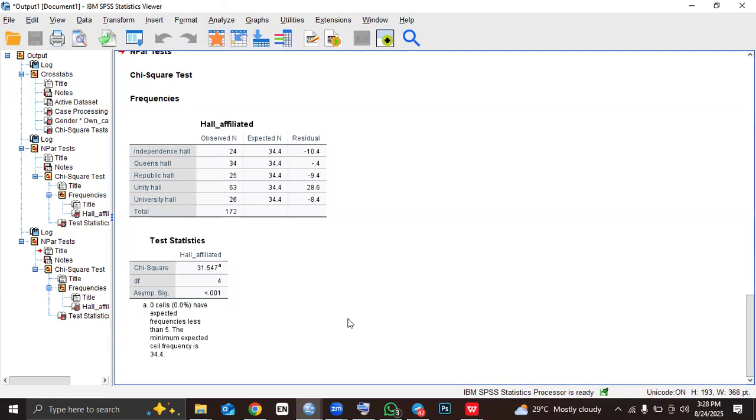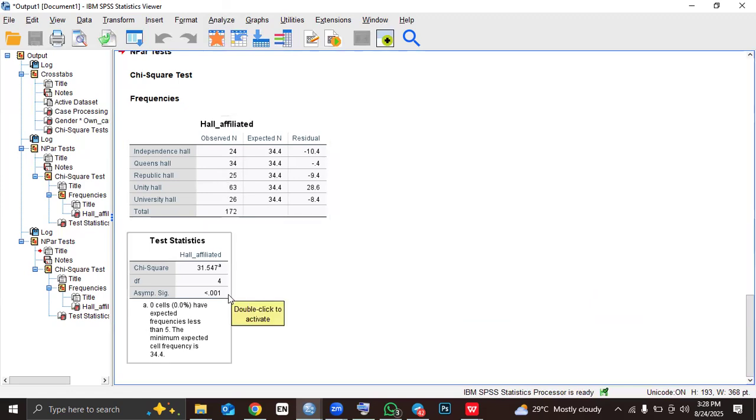So what does this imply? This implies that if you add the observed values for 4 of our halls, we are automatically going to get the observed value for the 5th hall, because our total number of students in the study was 172.